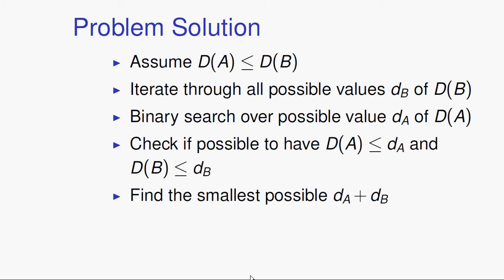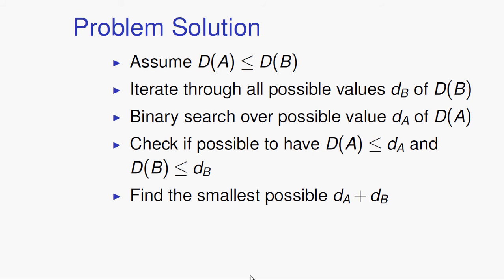Why can we make a binary search? Because if some value of the disparity of set A is possible, then bigger values are also possible, and we need to find the smallest possible value of dA given the value of dB. And so if we have a procedure to check whether it is possible to construct set A with the disparity less than or equal to dA and set B with disparity less than or equal to dB, then we can make this all work.